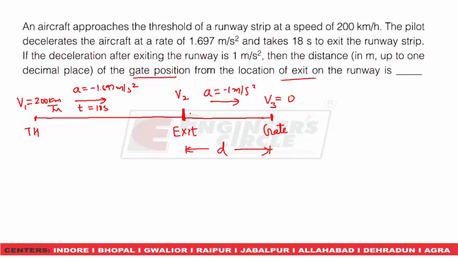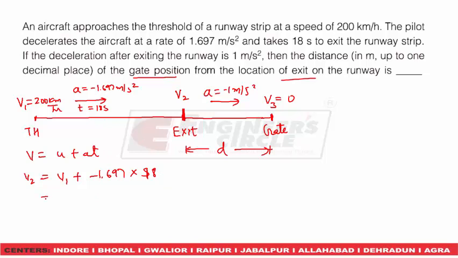We can calculate it by applying the kinematic equation. Firstly we know that v is equal to u plus at. Applying for this runway position, v will be equal to v2, u will be equal to v1, a will be equal to minus 1.697 meter per second square, and t will be equal to 18 seconds.